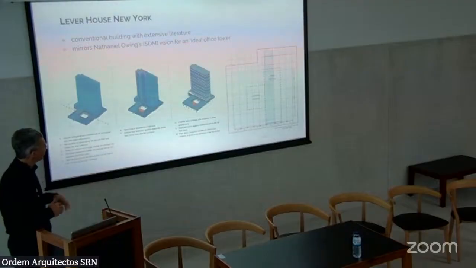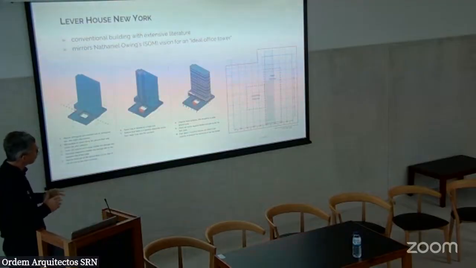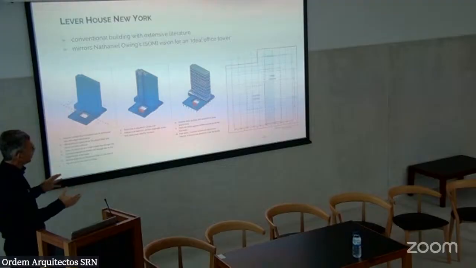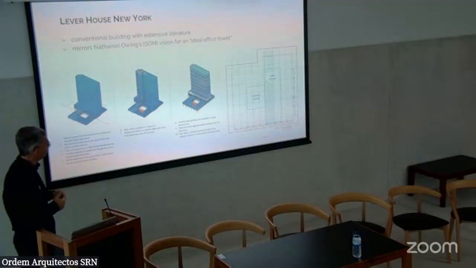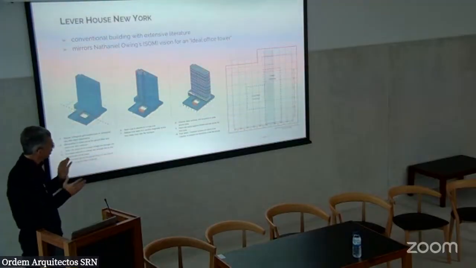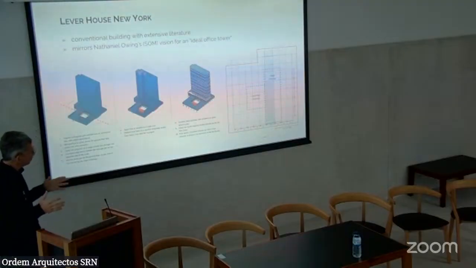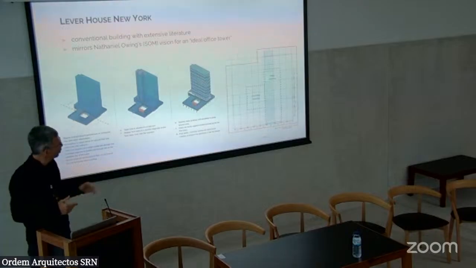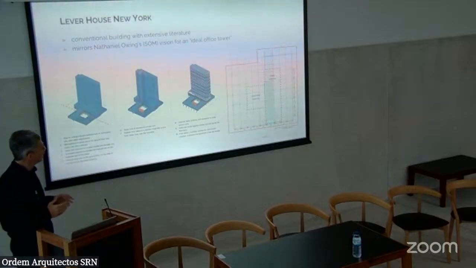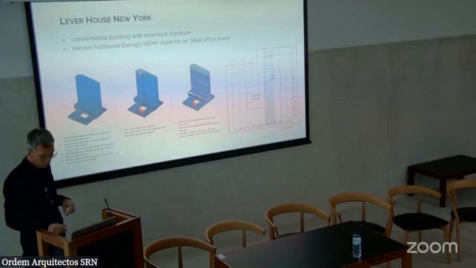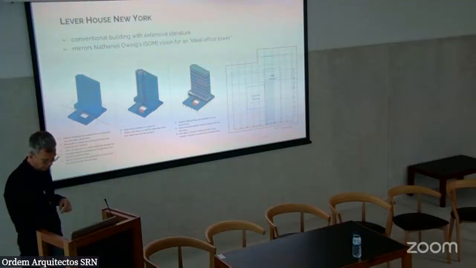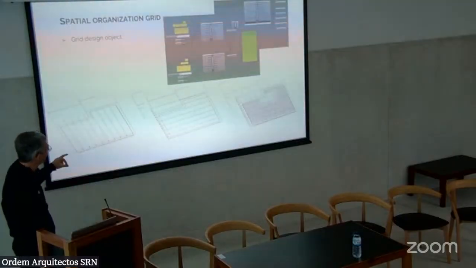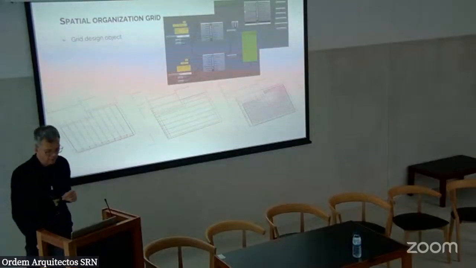And maybe I should have shown that in the case of the Lever House, the grid is fairly simple in the sense that it's a simple equally spaced grid, except for one of the grid spaces that is extended with respect to the rest. So in this particular case, you don't see that yet.